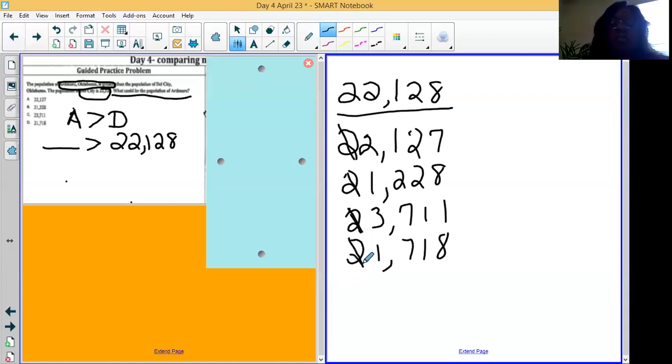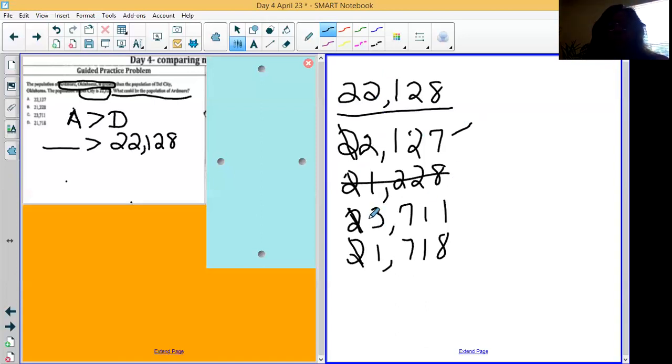22,128. So the 10,000s place didn't help, so I'm going to move over to the thousands place. The number that I'm comparing it to is worth 2,000. And this number, it is worth 2,000. Okay, let's put a little line right there. Here in this number, this is only worth 1,000 compared to 2,000. 1,000 is less than 2,000, so I can get rid of this.